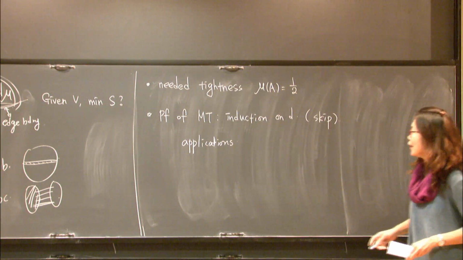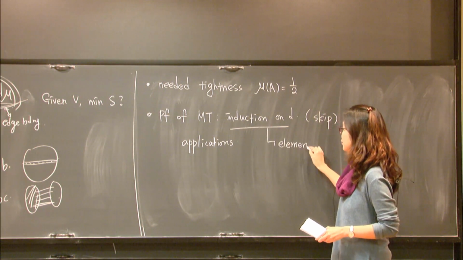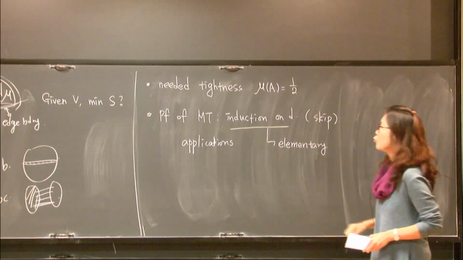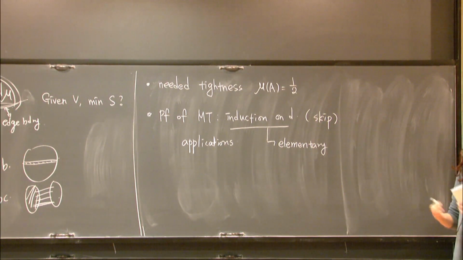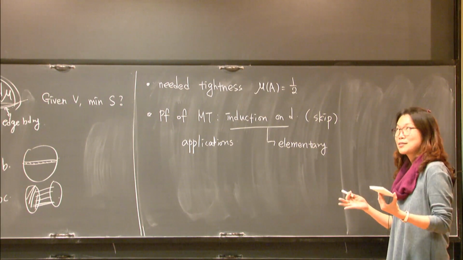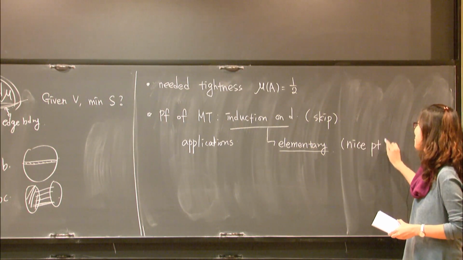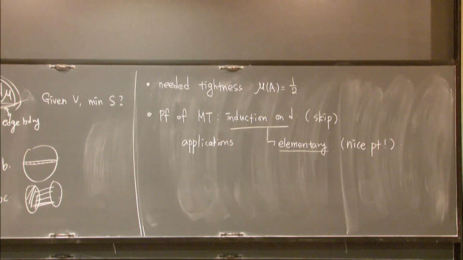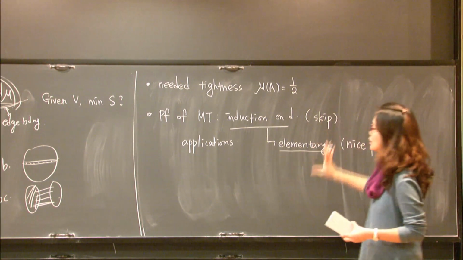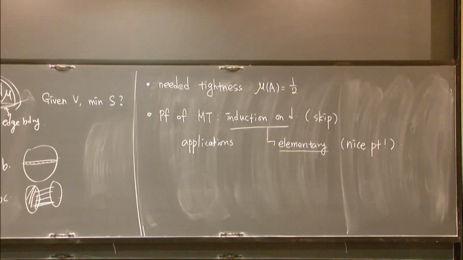But I want to point out that our proof is quite elementary, meaning that we really didn't use any heavy machinery. It's just quite basic argument, like some shifting. I think this is a nice point of our proof because this means we can show some interesting applications only with these elementary tools. Okay, so let me move on to some applications.